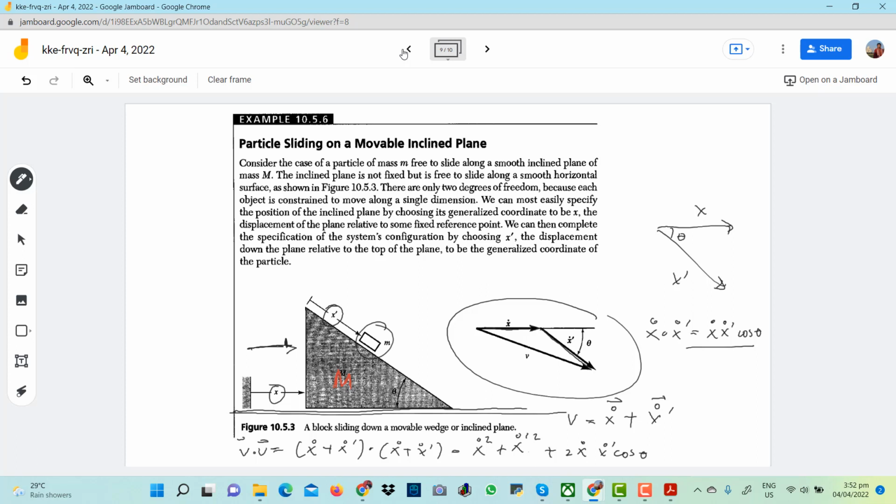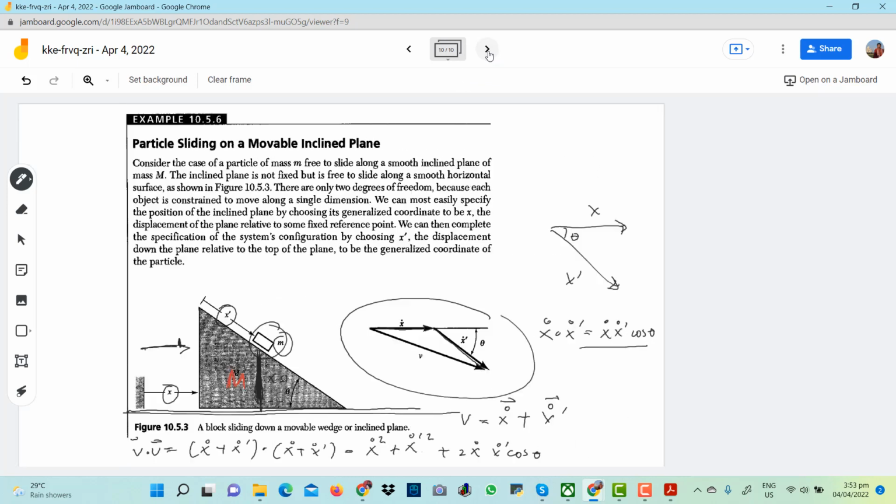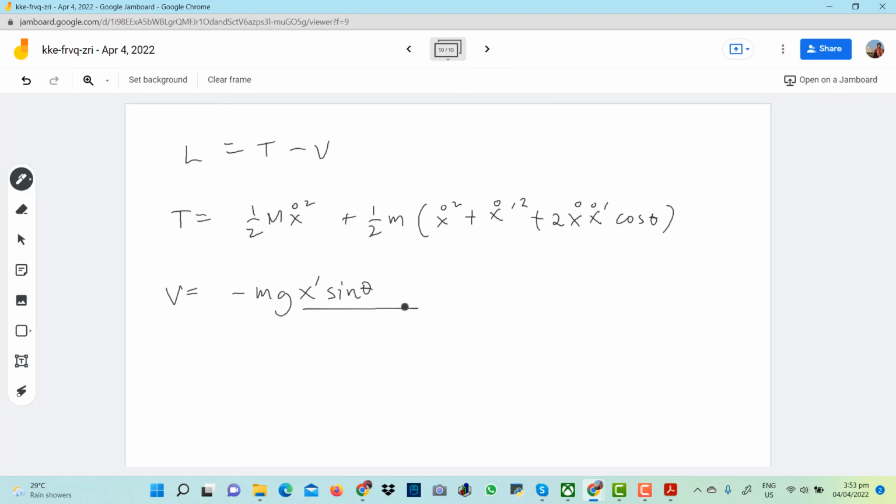So the potential energy belongs to the mass m, which is located at x prime sine theta. If you do trigonometry, SOHCAHTOA, the position of your mass m is just equal to x prime sine of theta. So that's the potential energy. Oh, minus, that should be plus. Yeah, sorry.